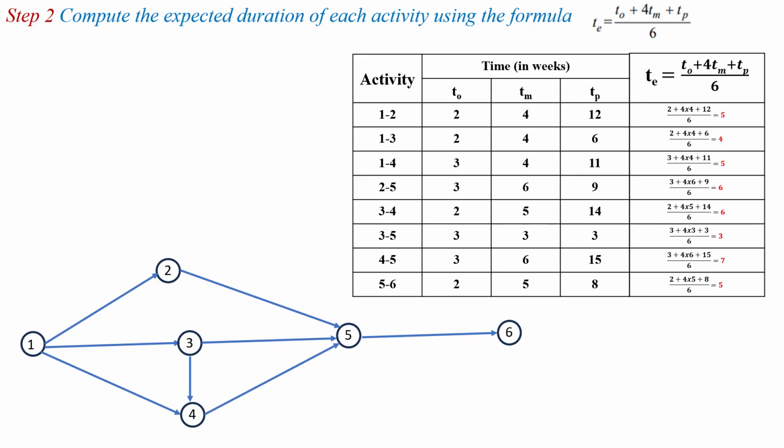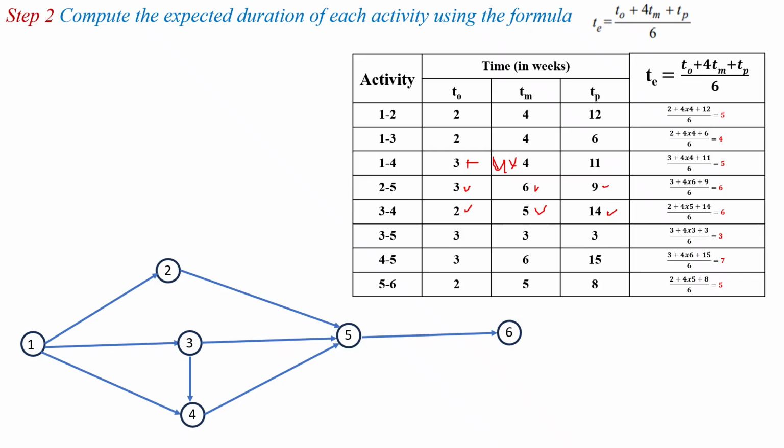Next for activity 1 to 4, so 3 plus 4 into 4 plus 11 divided by 6, which is equal to 5. Next for the activity 2 to 5, 3 plus 4 into 6 plus 9 divided by 6, which is equal to 6. Next activity 3 to 4, 2 plus 4 into 5 plus 14 divided by 6, which is equal to 6.